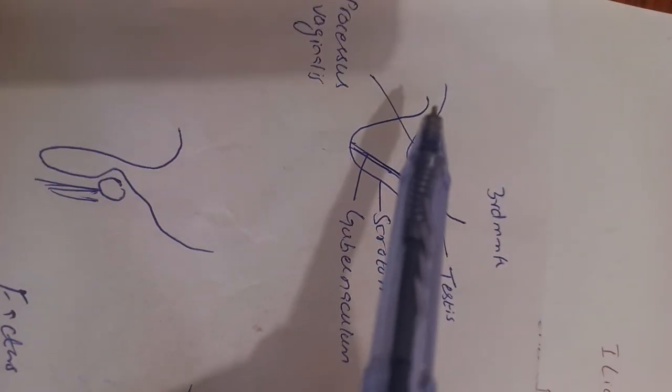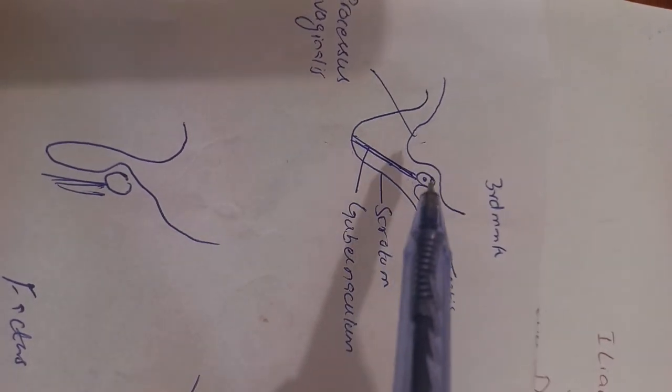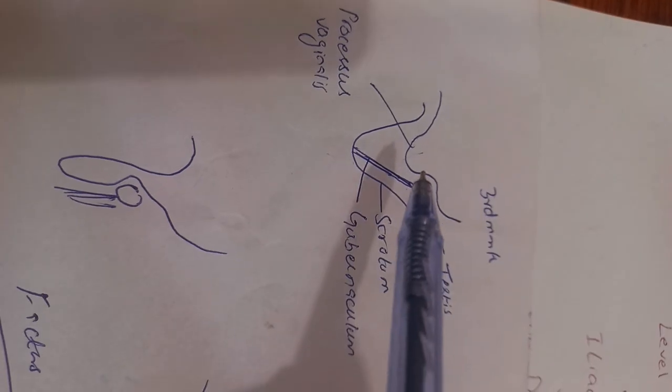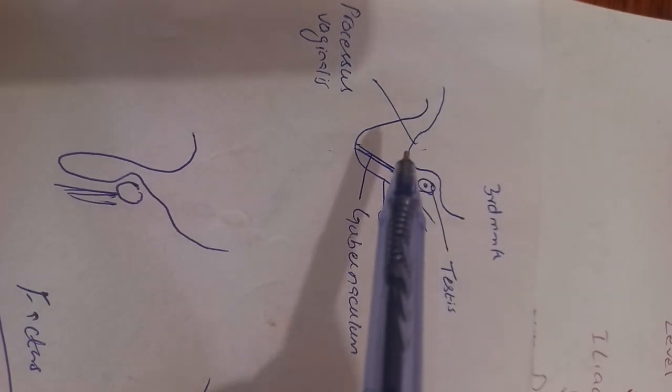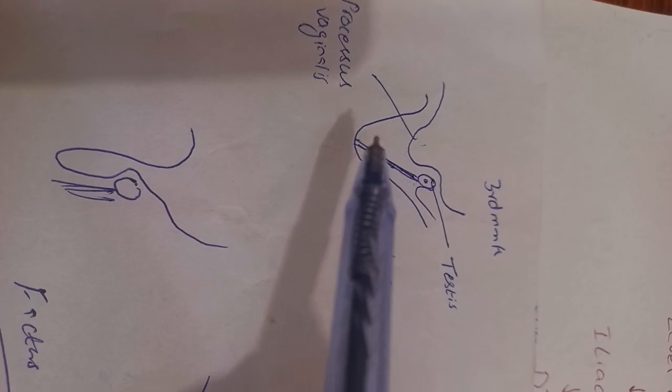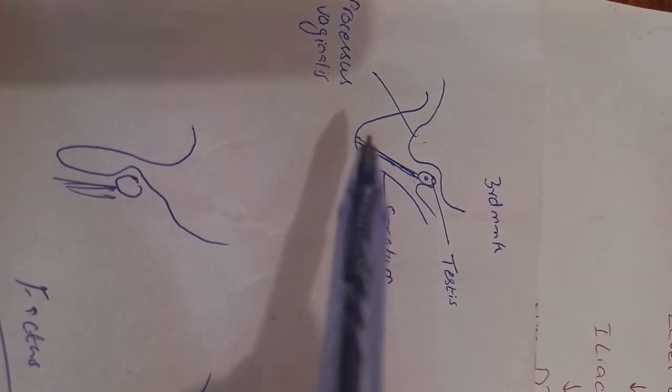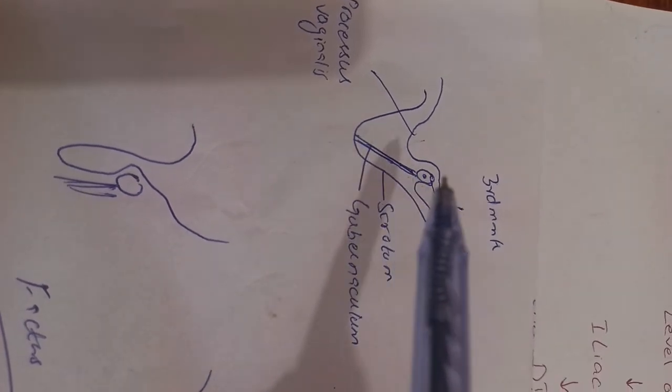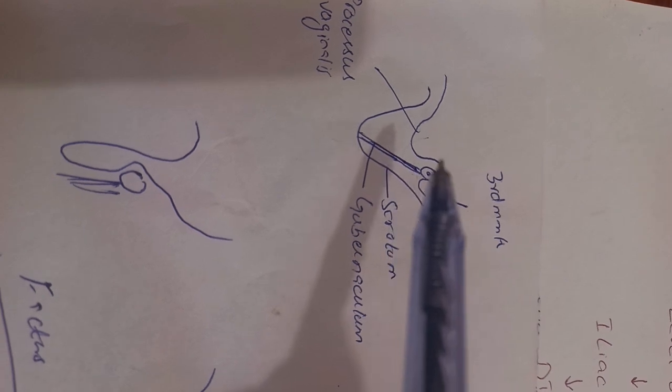Secondly, there is a peritoneal fold known as the processus vaginalis. This one is the processus vaginalis. It will descend to the scrotum and envelop or ensheath the testes.